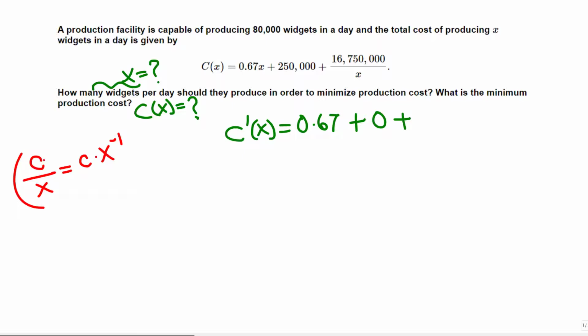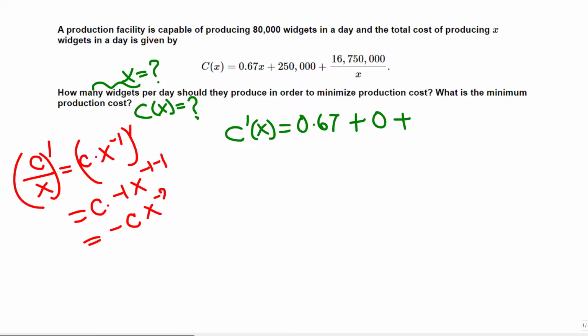The derivative of a constant is just constant. We can use the power rule: n x^(n-1), -1 minus 1, c times -1 is negative c x^(-2), which is the same as negative c over x squared, because a negative exponent means it goes on the bottom.